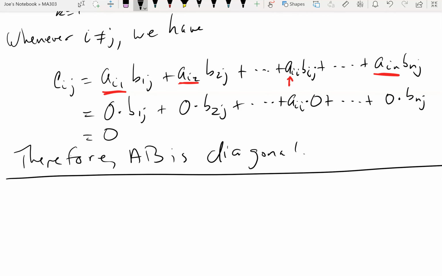let's suppose that A is symmetric. I think the one you had in your homework was the following.